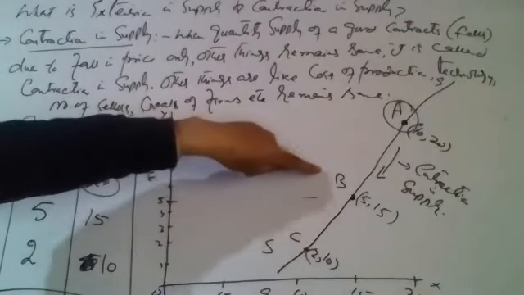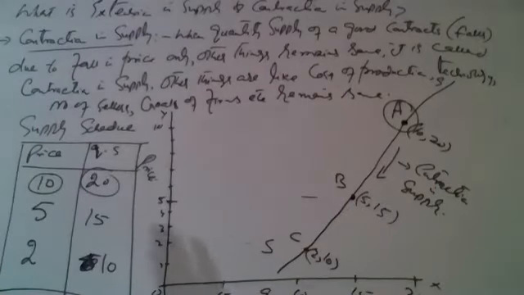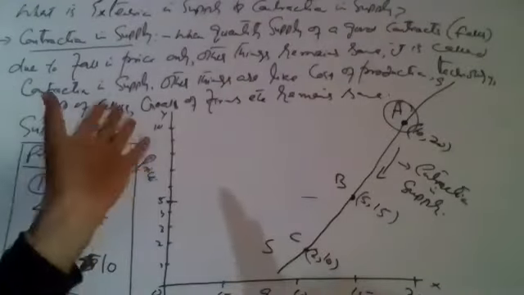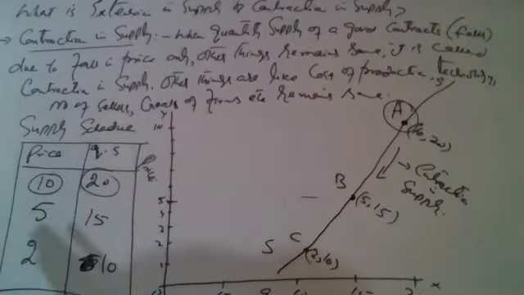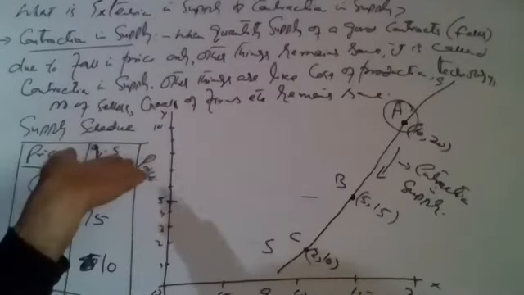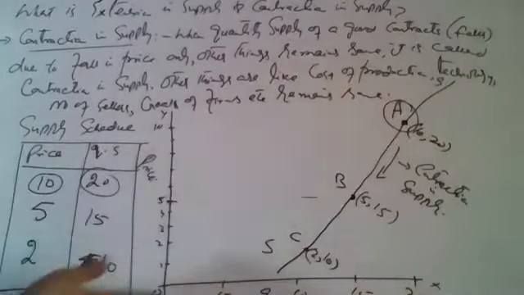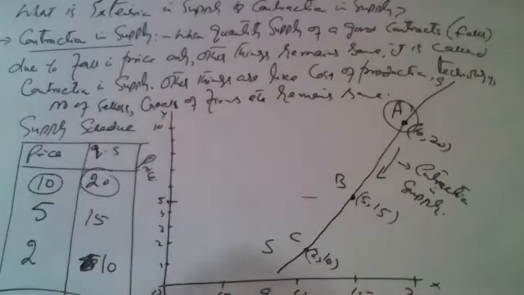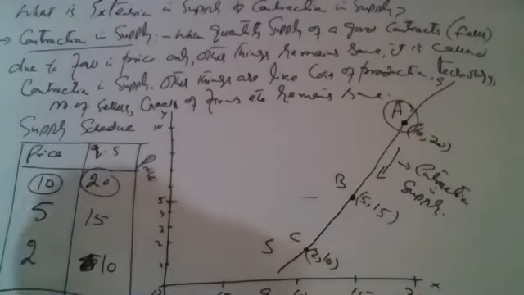The thing we must remember is that in contraction in supply and in extension in supply, there is movement on the same supply curve. In case of contraction in supply, there is leftward downward movement, and in extension in supply, there is rightward or upward movement on the same supply curve.